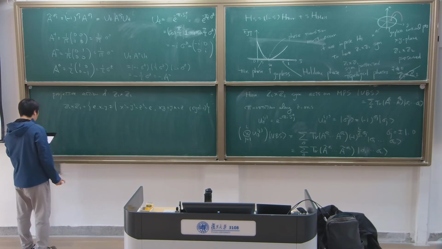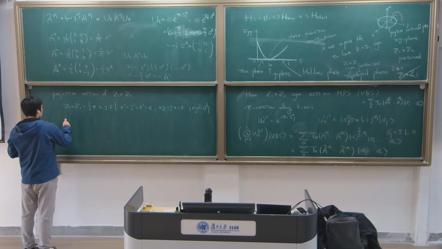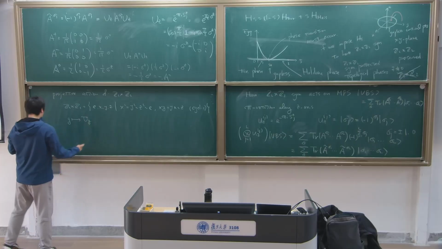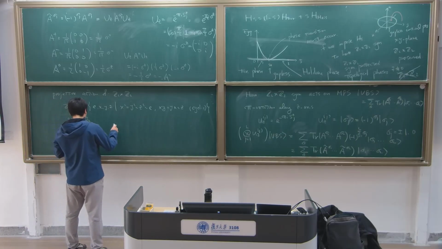And then the usual representation is the representation U, where G is mapped to U_G. If you map this way, it is the usual, ordinary representation.